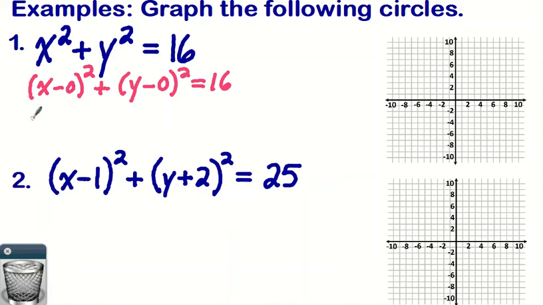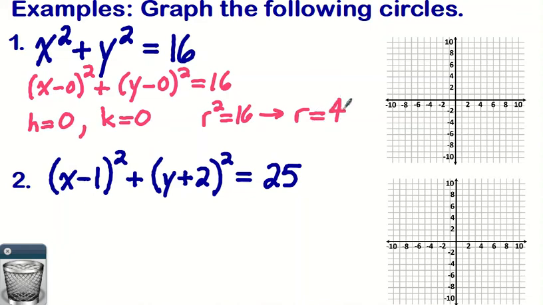So my h value is technically 0 and my k value is technically 0, which gives us a center of 0, 0. And if r squared is 16, that just means r is 4.